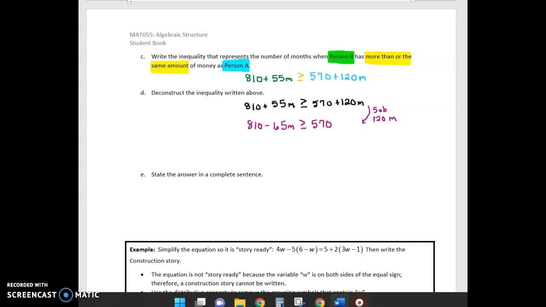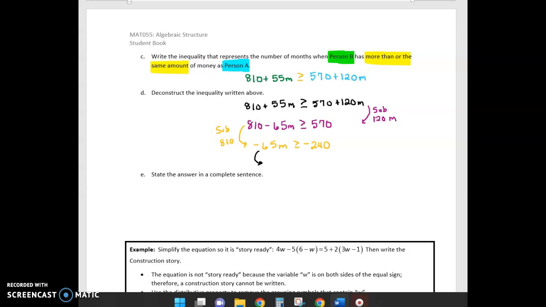Now we will have to move the 810. So we're going to subtract 810. And we end up with negative 65M is greater than or equal to negative 240. And now we're going to divide by negative 65, and since we're working with an inequality, that means that we are going to have to change the direction of our inequality.